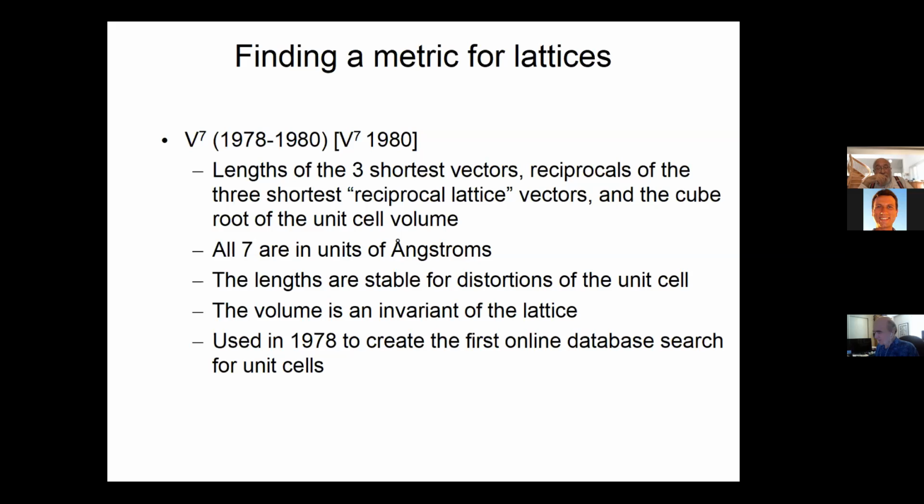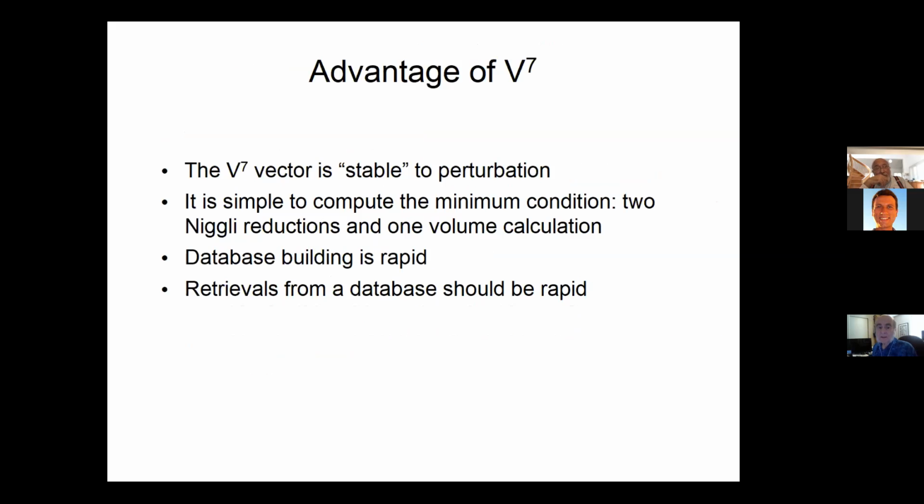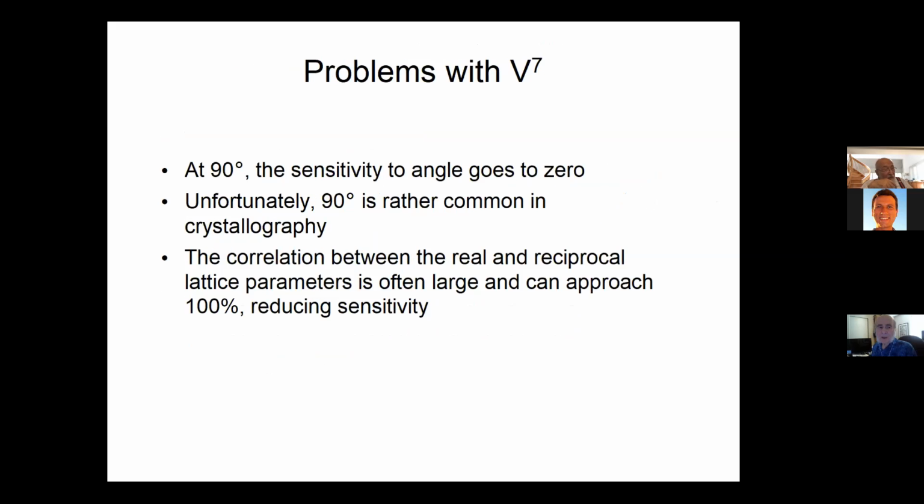And in 1978, we put the Chemical Information System online. The advantages: it was stable, it's simple to compute, just 2 Niggli reductions and a volume calculation. The database building is rapid, the retrievals were rapid. But it had problems, and we only became aware of this later.